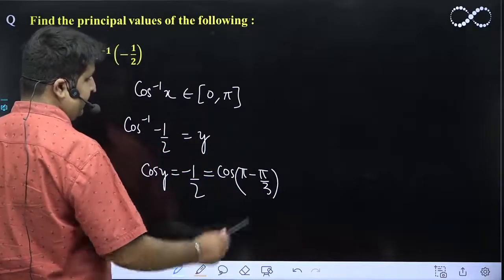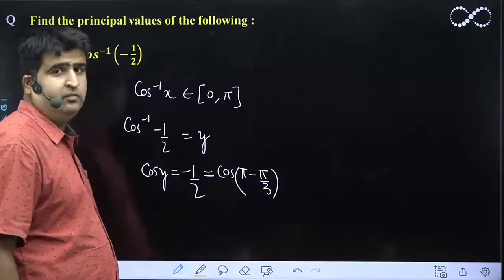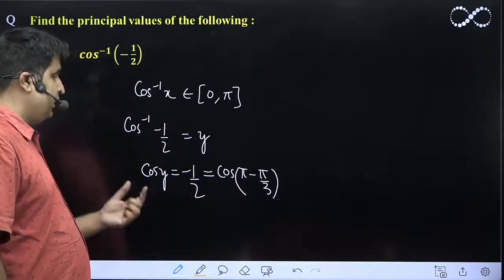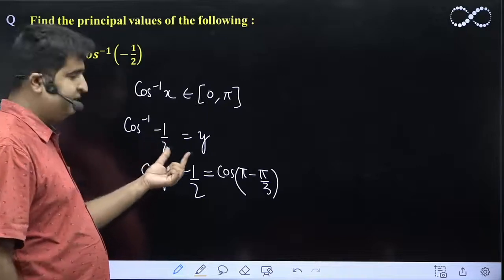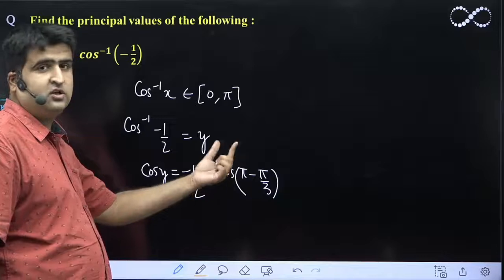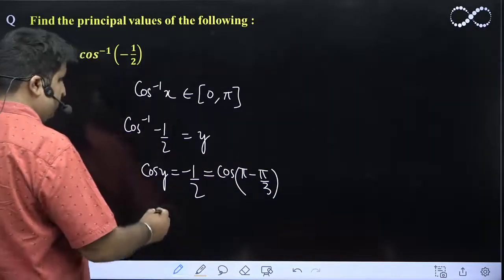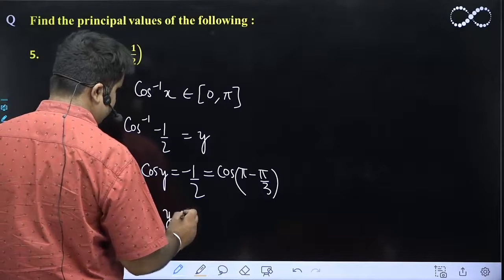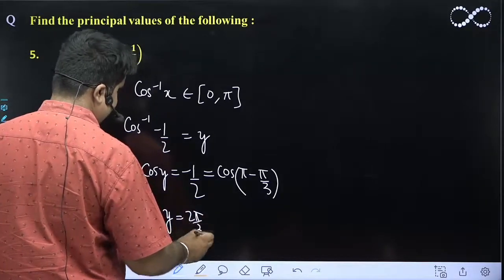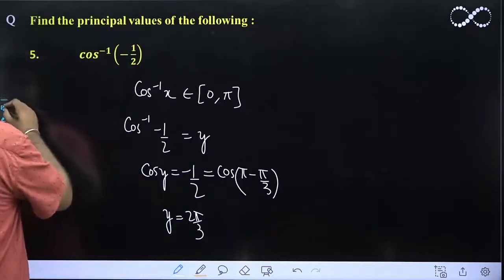Right? So at cos 2 pi by 3 we'll get the value minus half. In all such cases where you are getting negative, you have to do pi minus theta, right? Because cos of pi minus theta is minus cos theta, right? So from here we get y is equal to 2 pi by 3. Pretty simple, right? Moving on.